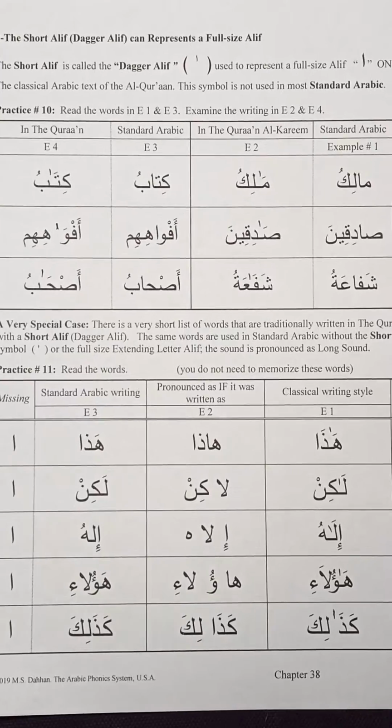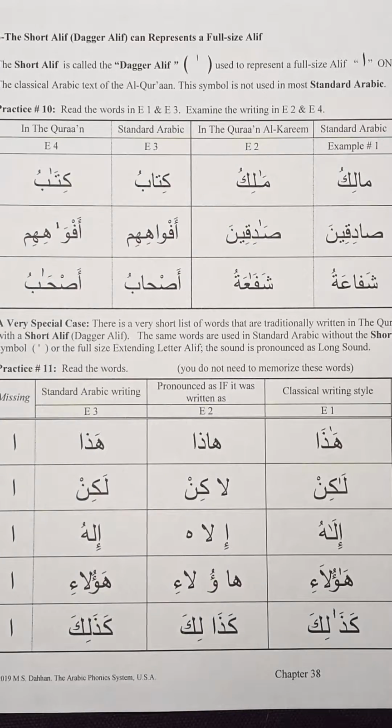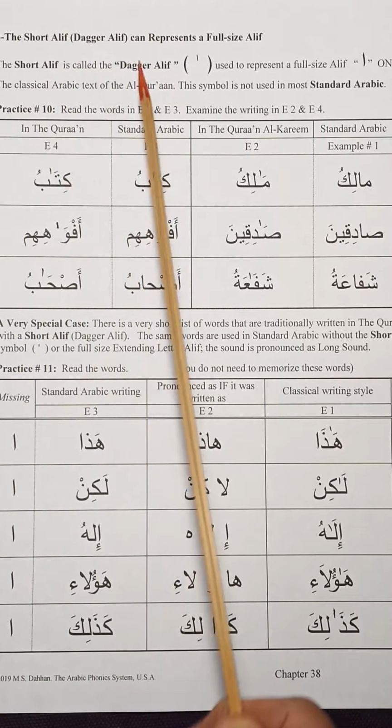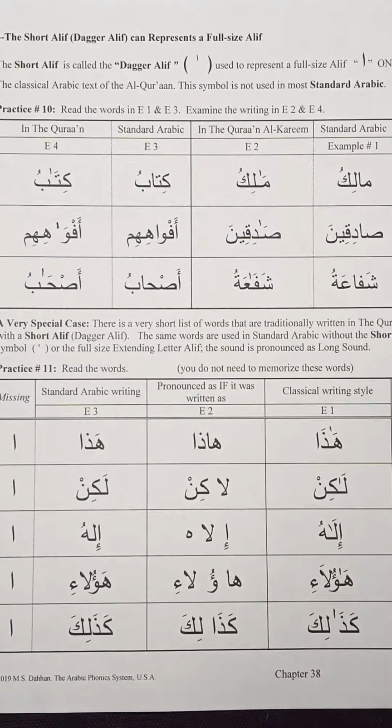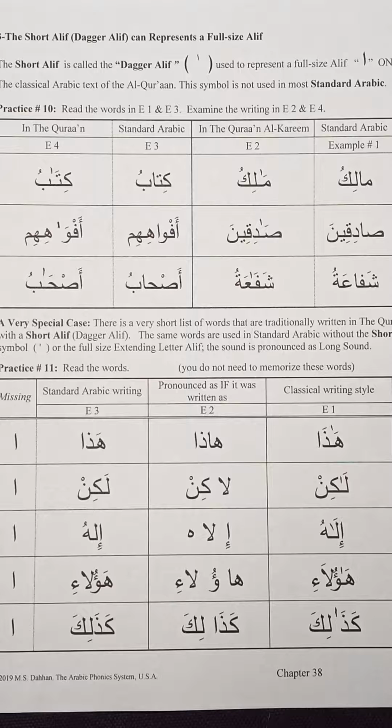All right. What we have here: the short alif, the dagger alif, can represent a full-size alif. Originally I've been told, and the research said, that the dagger alif is not really the full-size alif. It's kind of less, maybe instead of 6 times in our case, maybe 2 times.